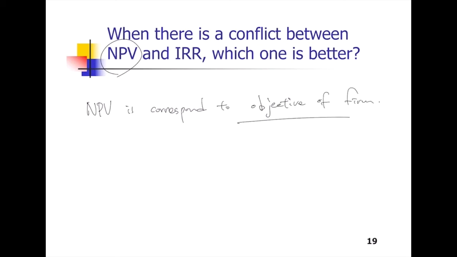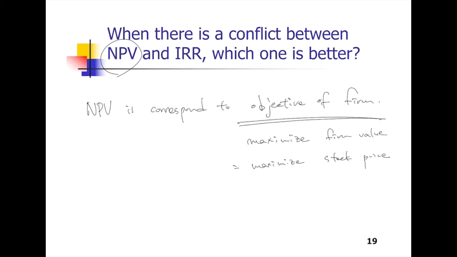What is the objective of the firm? Maximize the firm value. It means maximize the stock price, because stock price is one good measure of the firm value, right?